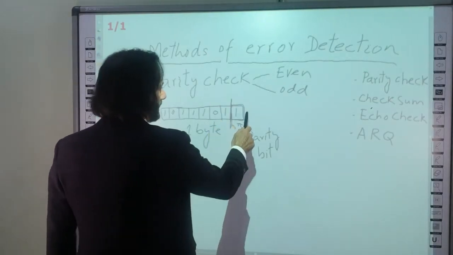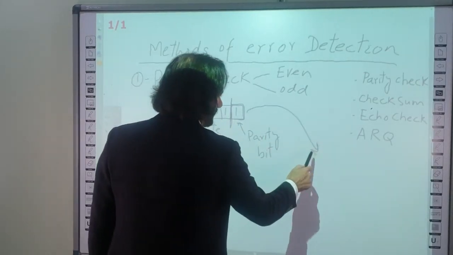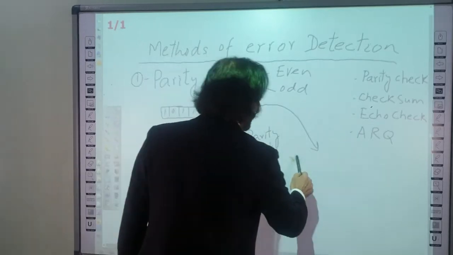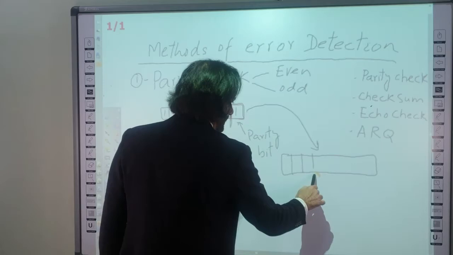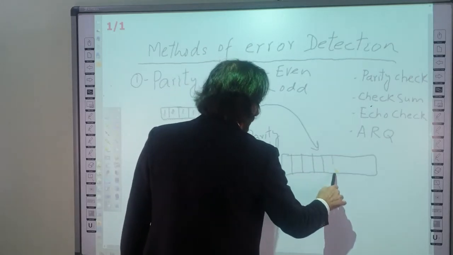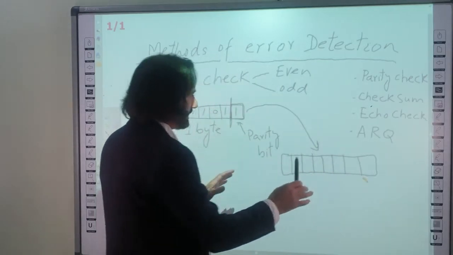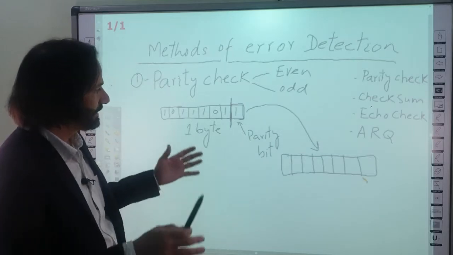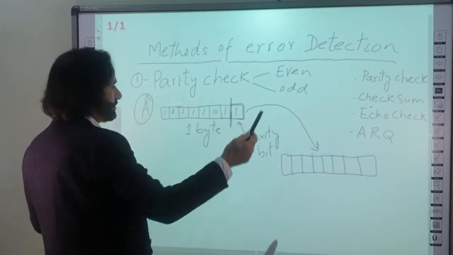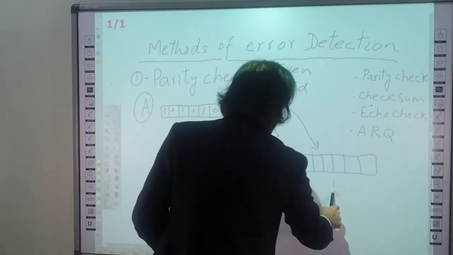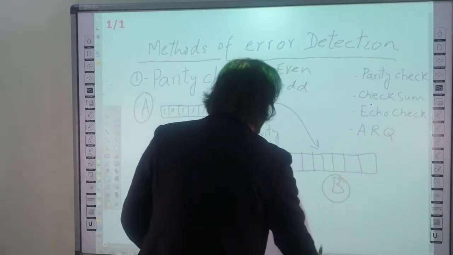When this byte is transmitted to any other computer, the other computer will apply this same technique: 1, 2, 3, 4, 5, 6, 7 and 8. This is 1 byte that the receiver, this is computer A, it can be any computer anywhere. This is computer B, a receiving computer.